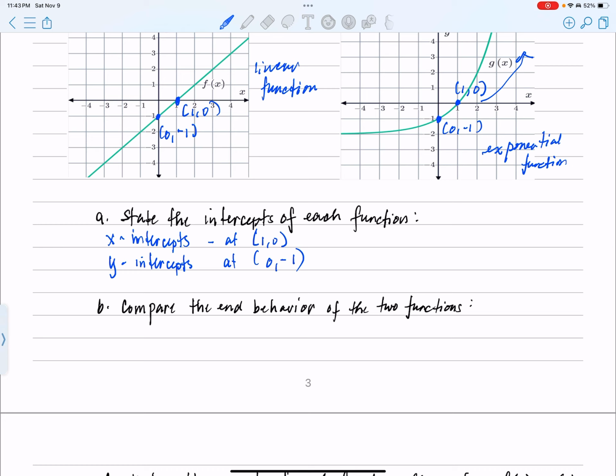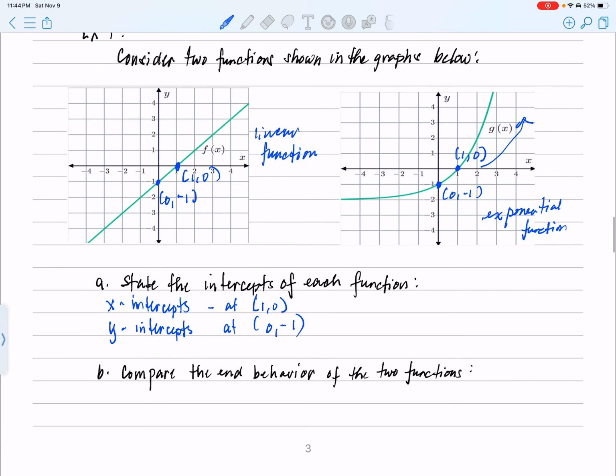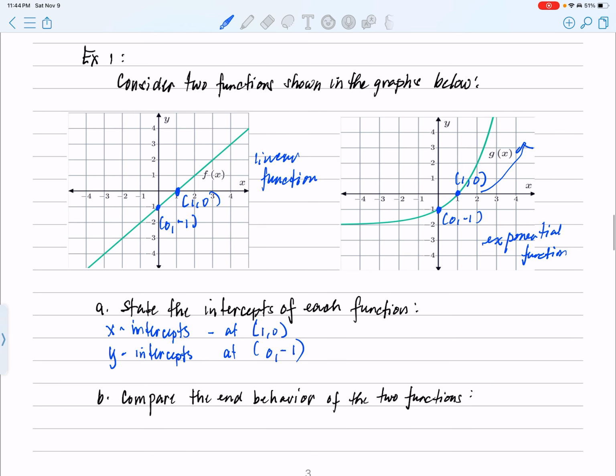All right, let's do this. I'm going to assign the end behavior. So I'm going to write the linear function here.